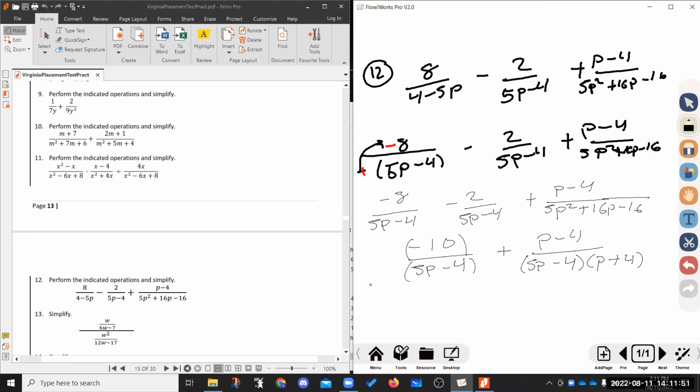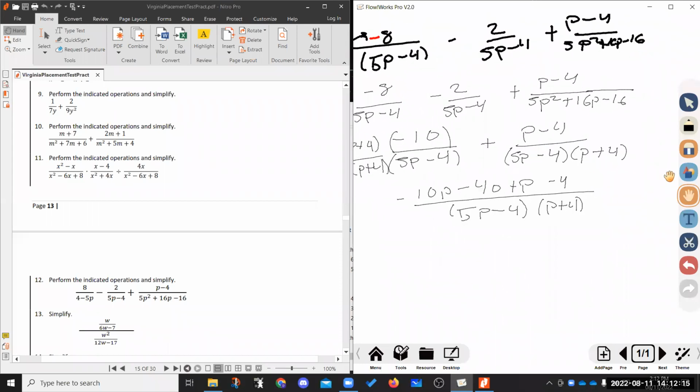I've got my 5p minus 4 on this side, so I need p plus 4 over p plus 4. That is going to give me -10p minus 40 plus p minus 4 over 5p minus 4 times p plus 4. That's going to give me -9p minus 44 over 5p minus 4 times p plus 4.